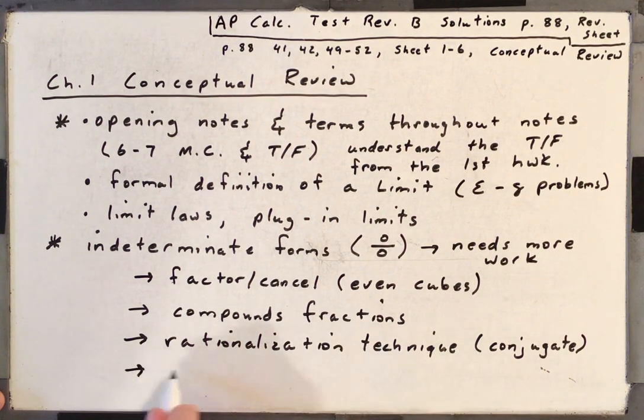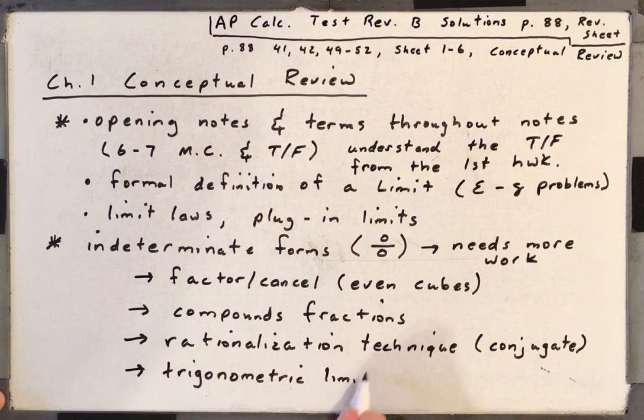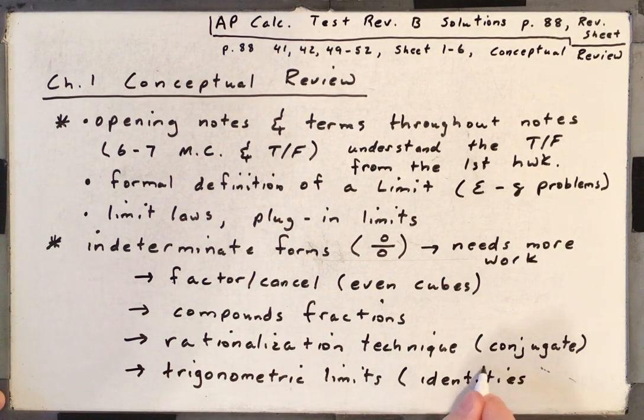And then the trigonometric limits. And that's where we just did several of those, right? Those identities. So really not hard. You really only have to memorize the sine and the cosine. You can remember the rest of them.